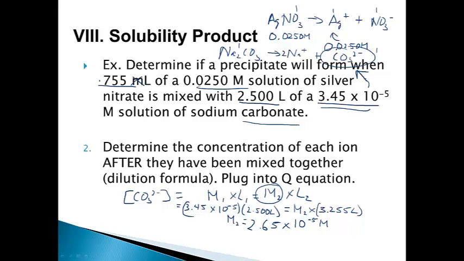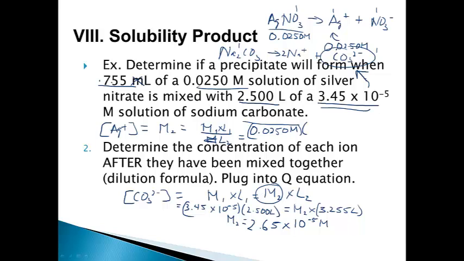Okay, now we do the same thing for the Ag+. What's our Ag+ concentration? Again, basically we're solving for M2, which is going to be equal to M1 times L1 divided by L2. M1 is 0.0250 molar.